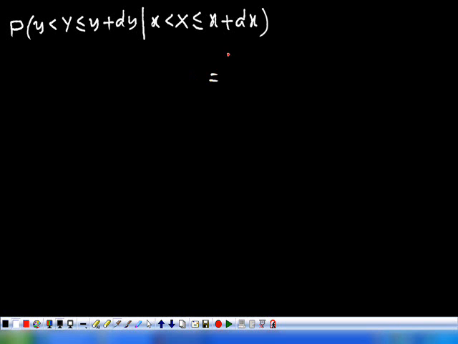This can be written as the probability of x lying between x and x plus dx and y lying between y and y plus dy, that is, the probability of A intersection B, which is nothing but the probability of B intersection A.